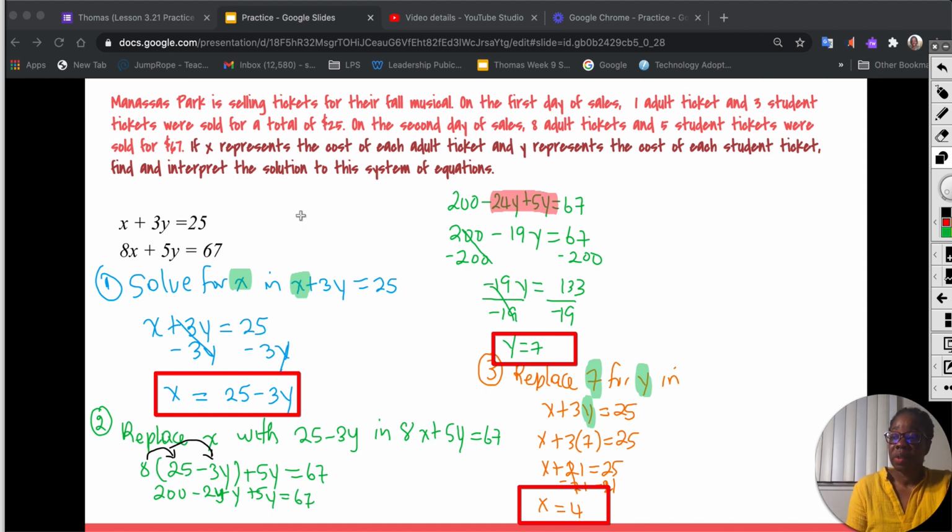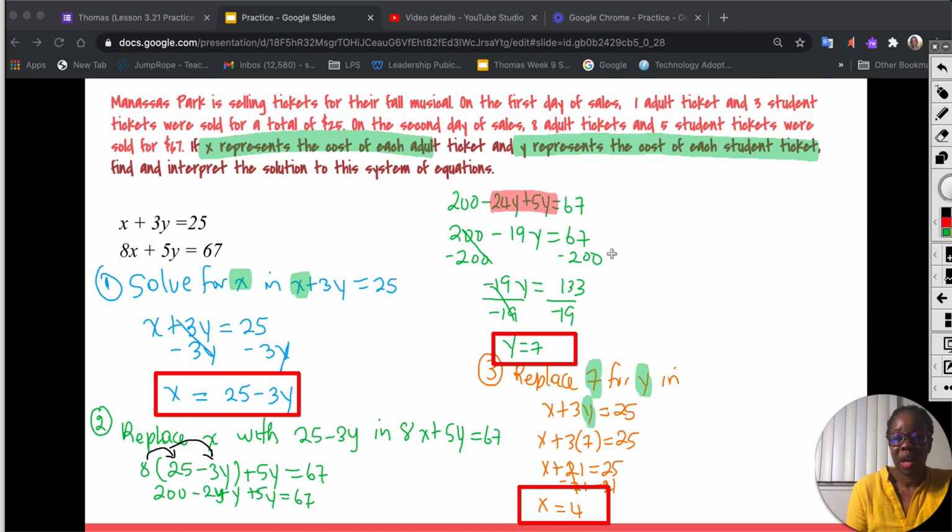We have the solution. Now let's recall that x represented the cost of adult tickets and y represented the cost of student tickets.